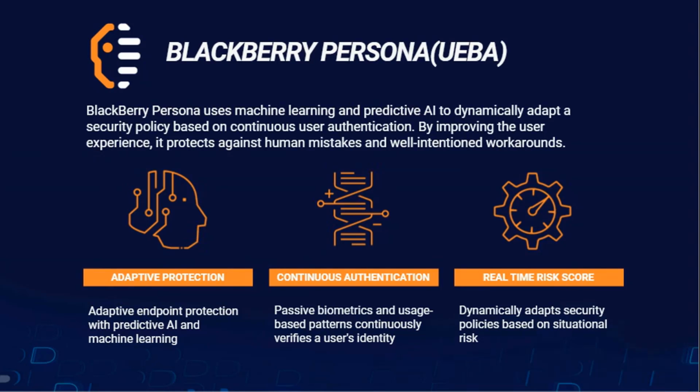It's continuously looking for anomalies from a user perspective, and it's assigning a real-time risk score to do intelligent things like, hey, should I ask for MFA, should I grant access, deny access, adapt policies, etc. It's a really powerful tool that is not just static authorization or authentication. It's continuous authentication.